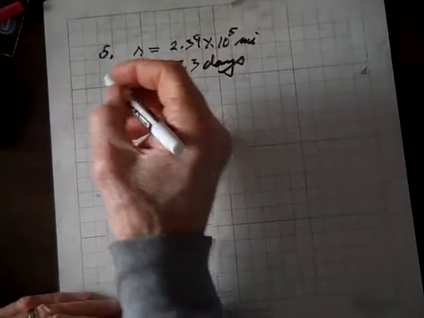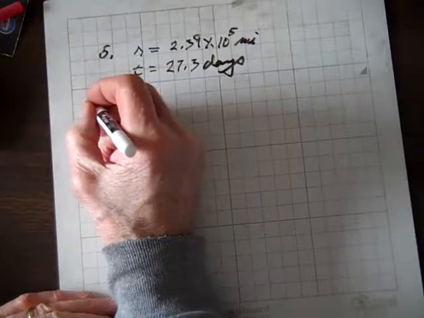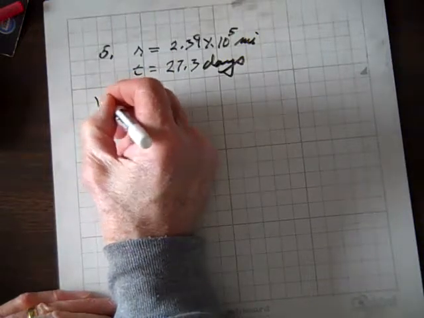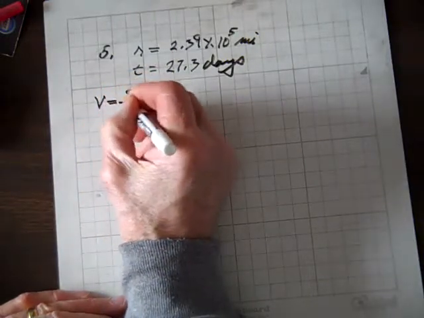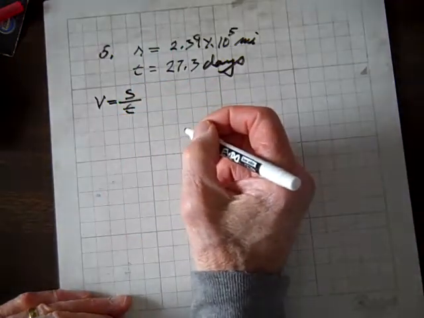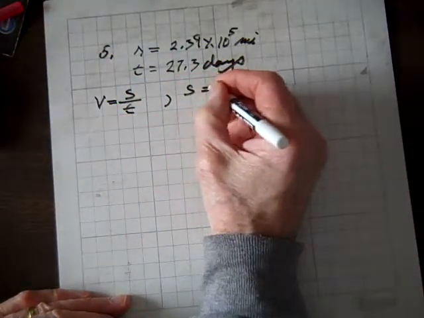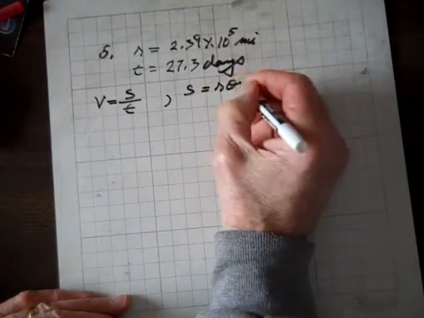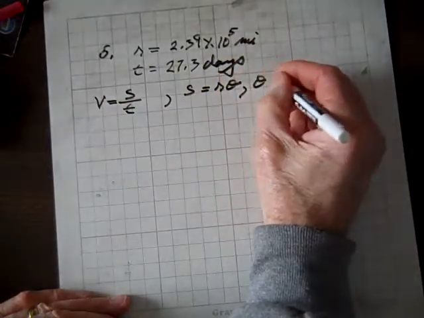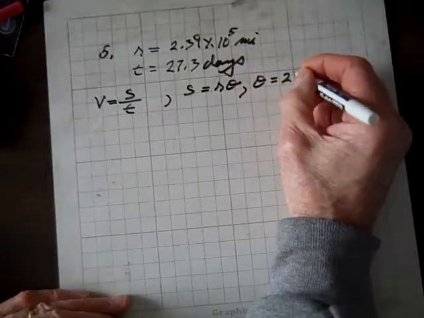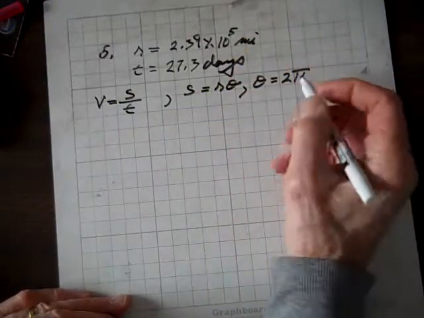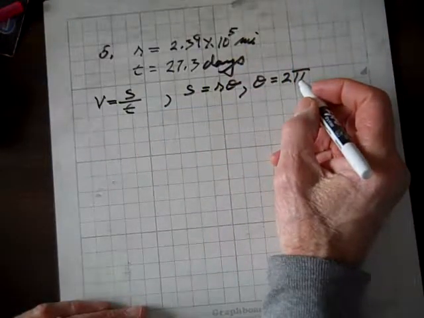Well, we know that linear speed, or velocity, equals distance divided by time. And we also know that S equals r theta, where theta equals 2 pi. One revolution is 360 degrees, or 2 pi radians.